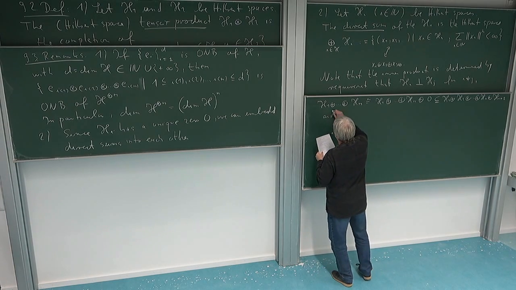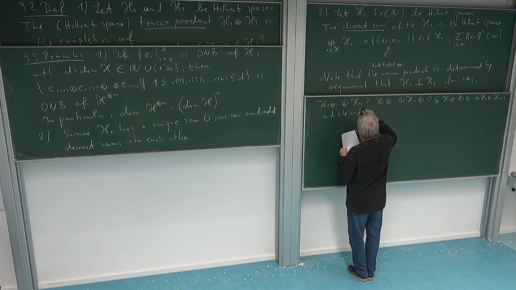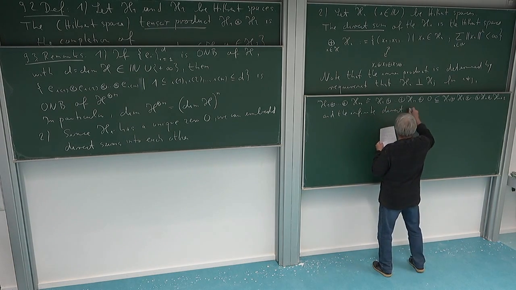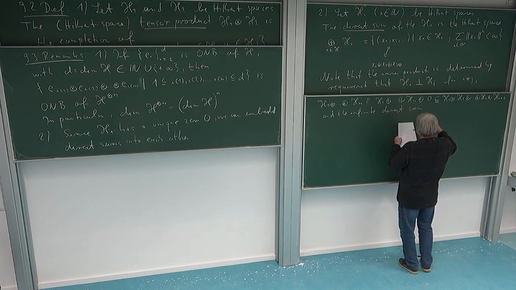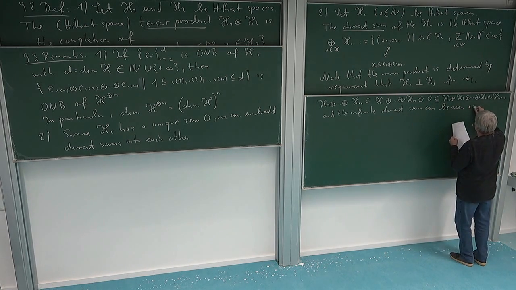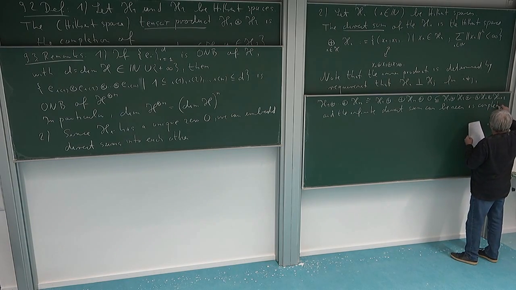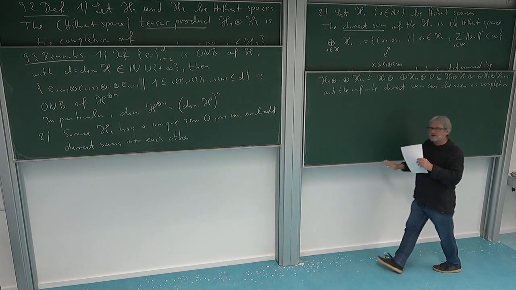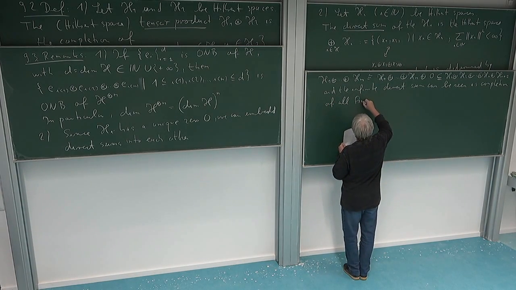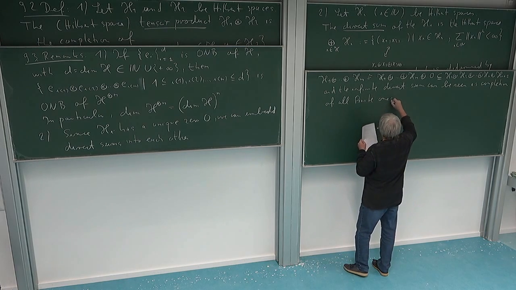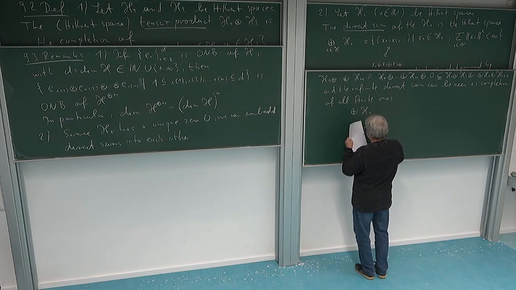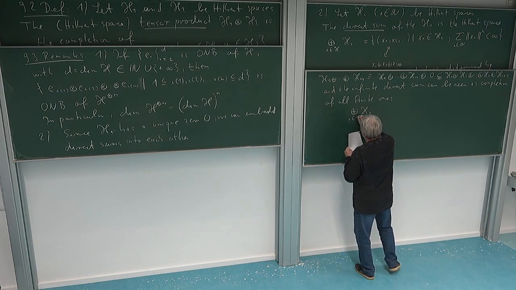So the infinite direct sum can be seen as the completion of all finite ones.